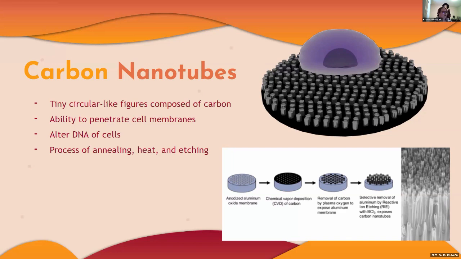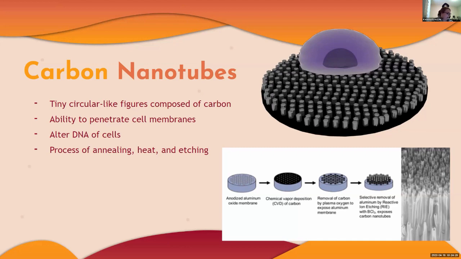So very, very small, but that is helpful for the ability to penetrate cellular membranes, which allows for genetic material to alter the nucleus of the cell and alter the DNA of the cell. And this is really important for genetic studies for drugs and pharmaceuticals.